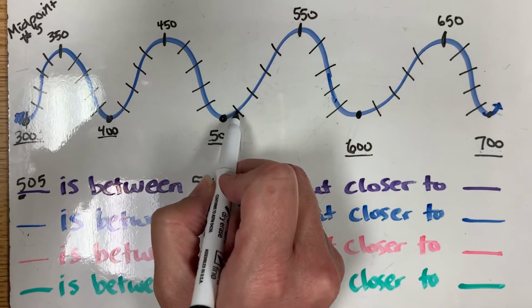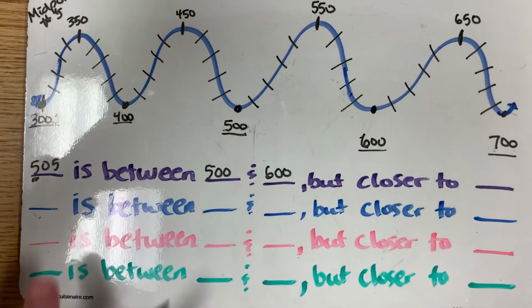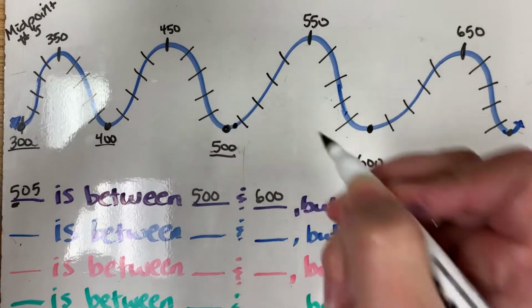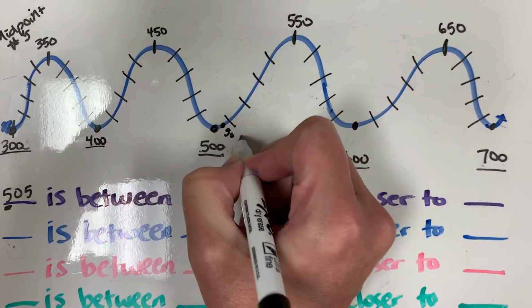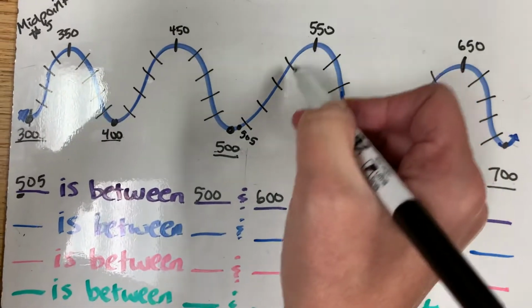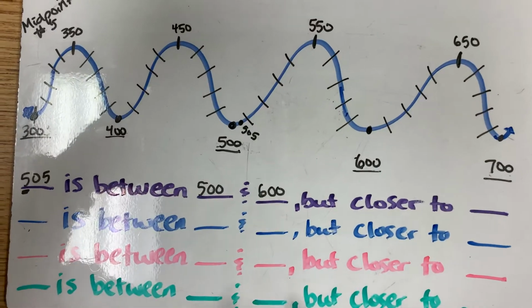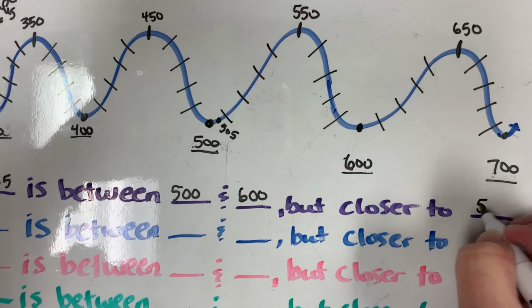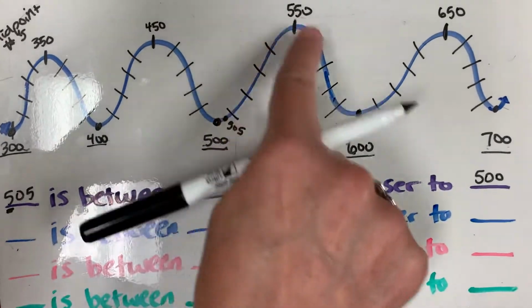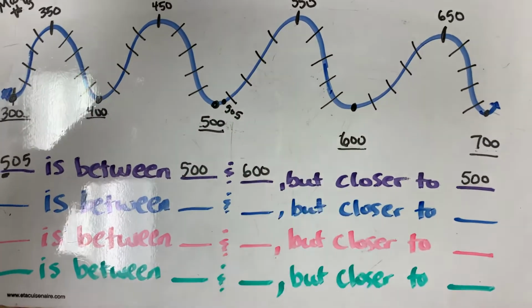But then when we got to 510, it would be right there. I know that 5 is half of 10, so I'm going to plot 505 about right there. It's to the left of the midpoint, so it's going to round to 500. It's only 5 jumps away. I'd have to go 95 jumps to get over here to 600.